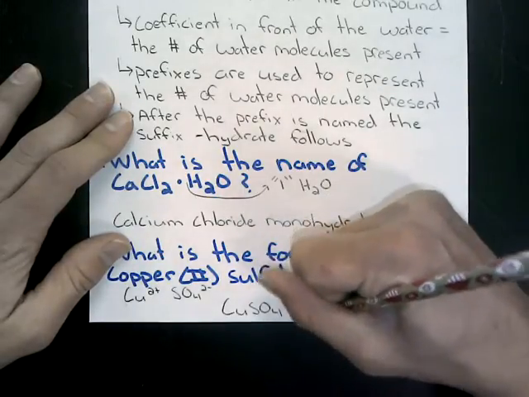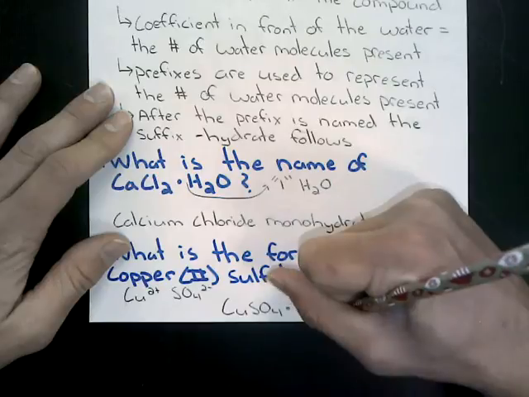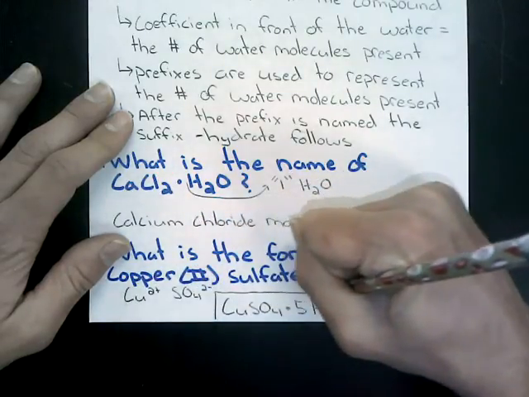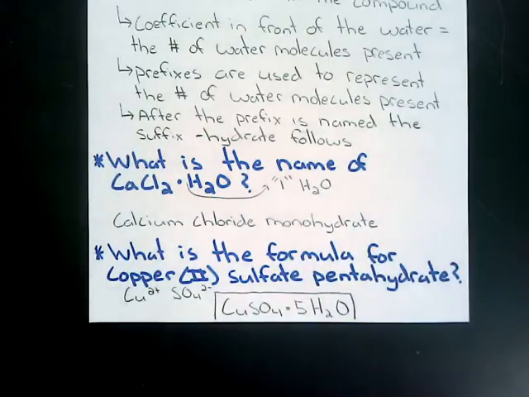So we write down H2O. So our formula for copper 2 sulfate pentahydrate becomes CuSO4·5H2O. All right, so now we want to transition a little bit, and we want to follow the steps to be able to calculate the formula of a hydrate.